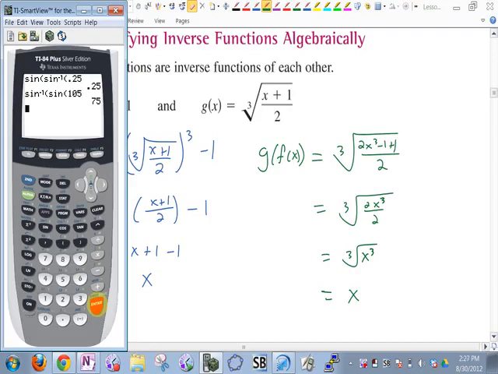What does that mean? Sine and inverse sine are not actually truly inverse functions. Isn't that crazy? Doesn't it blow your mind? It blows my mind, and I've known about it for years. They're not truly inverse functions.